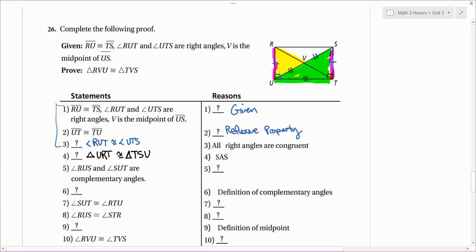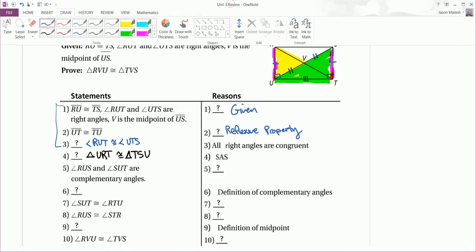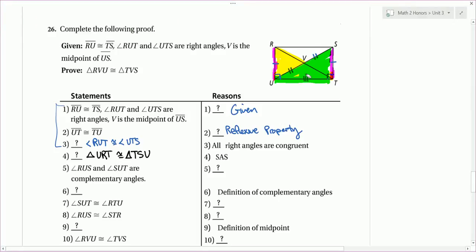Next, 5 says angle RUS. So I'm going to go back and see what we can get here. So RUS and SUT are complementary angles.